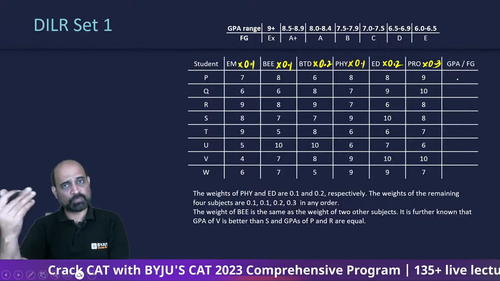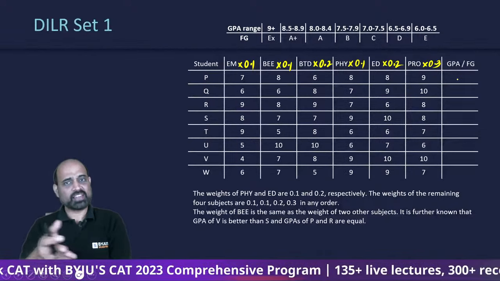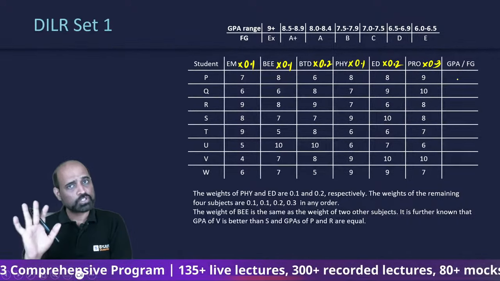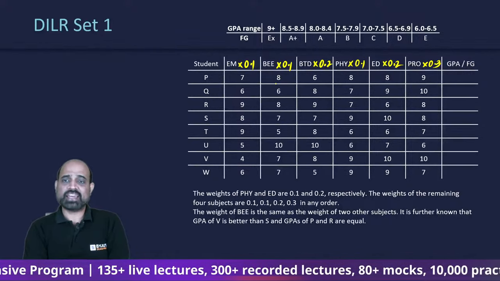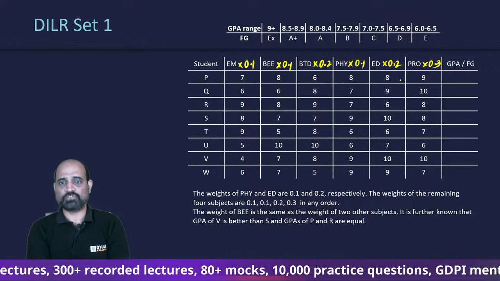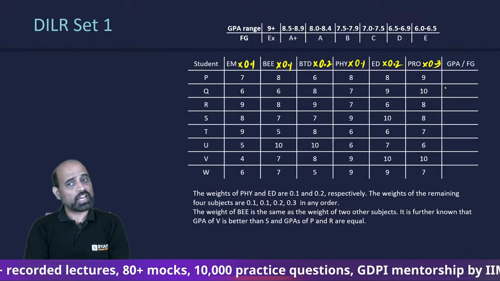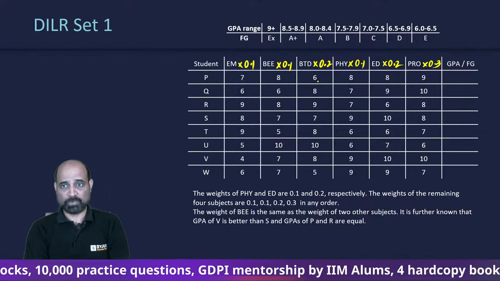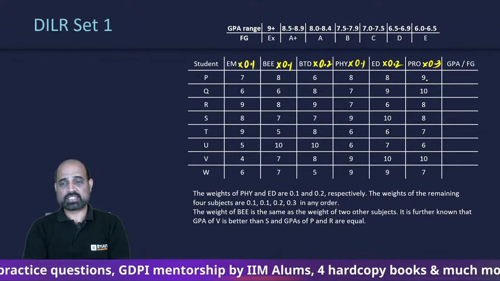So for P, what will be the overall GPA? 7 into 0.1 plus 8 into 0.1. So can we say the overall sum is going to be multiplied with 0.1 for sure? So 7 plus 8 plus 8 plus 8. So 8, 8, 8 plus 6, 30, 46.